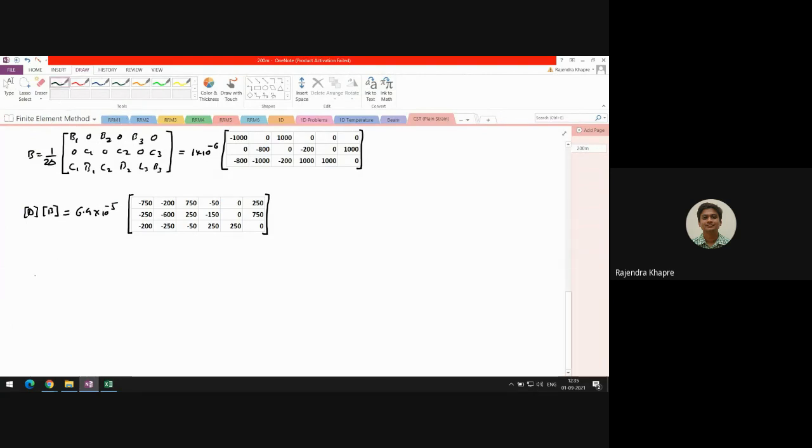Okay. Now, similarly, we can go for the multiplication of B transpose into D into B. So we already have this B matrix over here, and D into B we have already calculated over here.